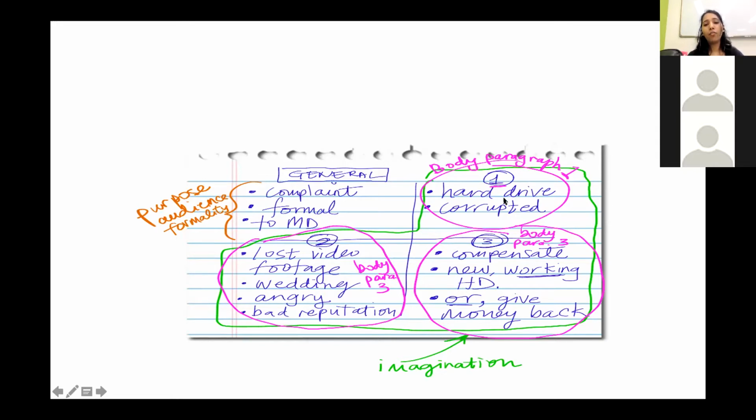And then body para 1: you put in your imagination if needed, and the first bullet point in your question is going to be your body para 1. Body paragraph 2 is going to be the second bullet point, use your imagination. And body paragraph 3 has to be the third bullet point, and use your imagination.